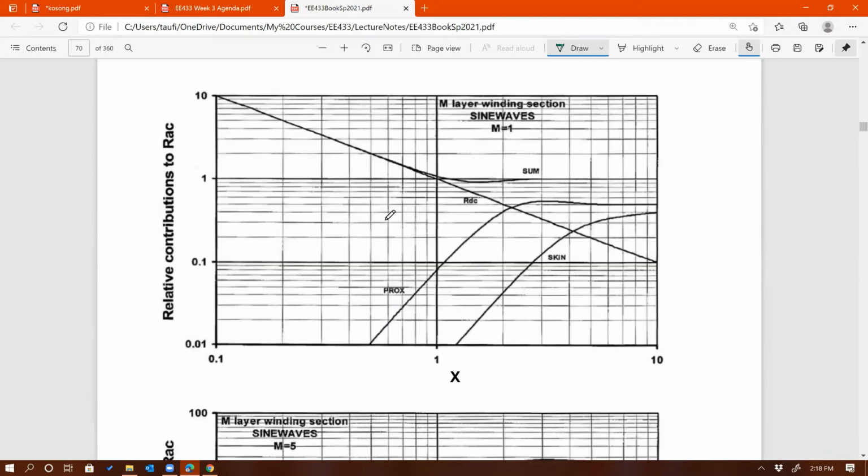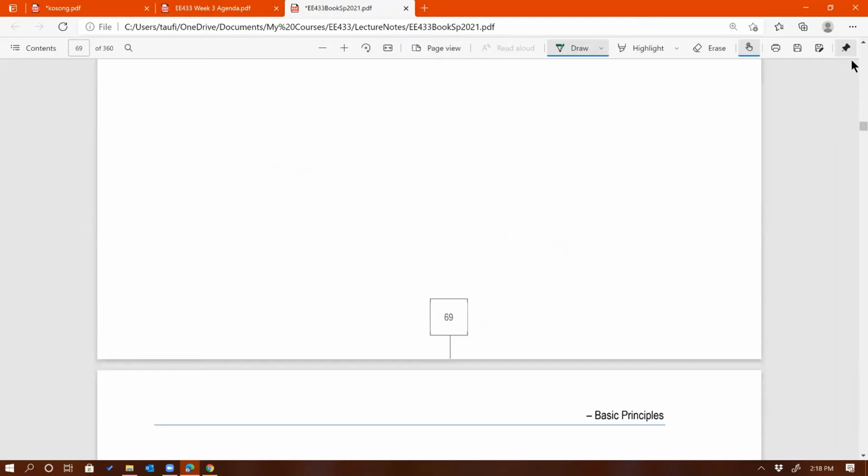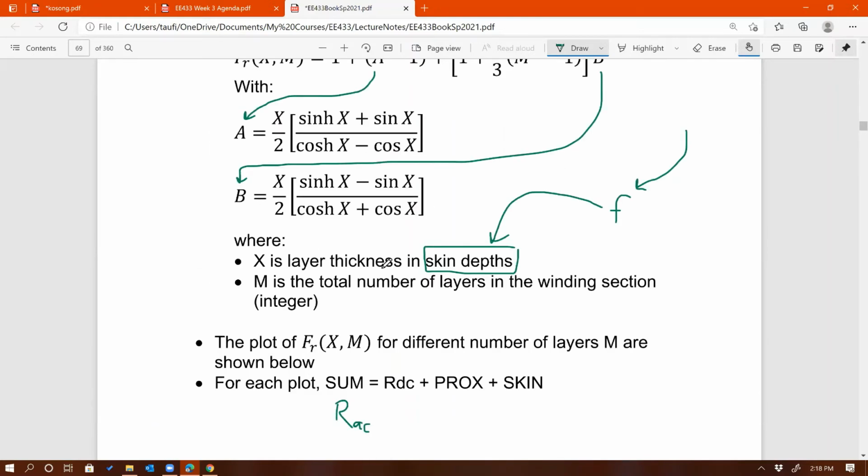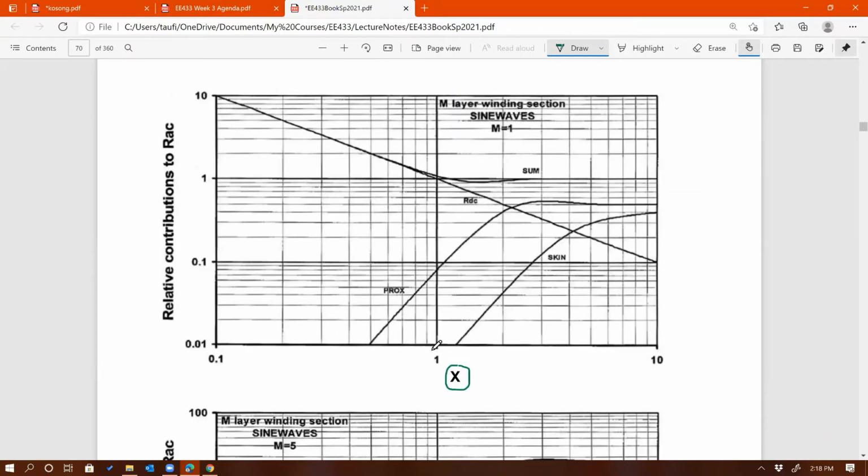Right there. So here's an example, and you can see from this first example, the x-axis is X. What is X again? That's layer thickness in terms of skin depth. Double check first: layer thickness in skin depths. So that's X. So what does 1 mean then? When X is equal to 1, it means that the layer thickness is equal to 1 times the skin depth. So maybe I should write that down.